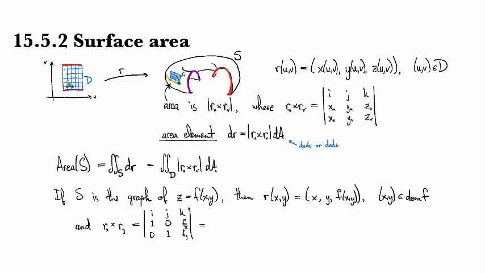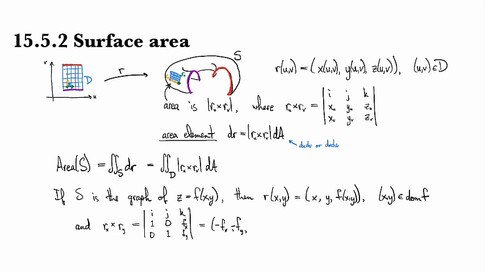And so when we work this out, for our first coordinate, we're looking at the subdeterminant right here. So that's going to be 0 minus f_x. And then for the next one, we're looking at the j coordinate, so it's 1 times f_y minus 0 times f_x, in other words, f_y. Except now we're in the second coordinate, so we get a minus sign.